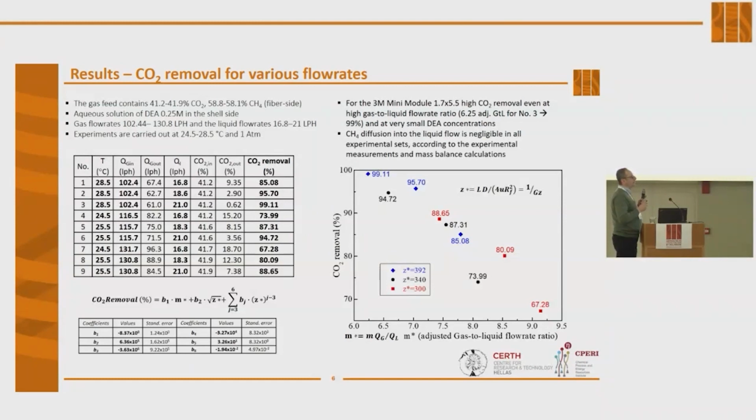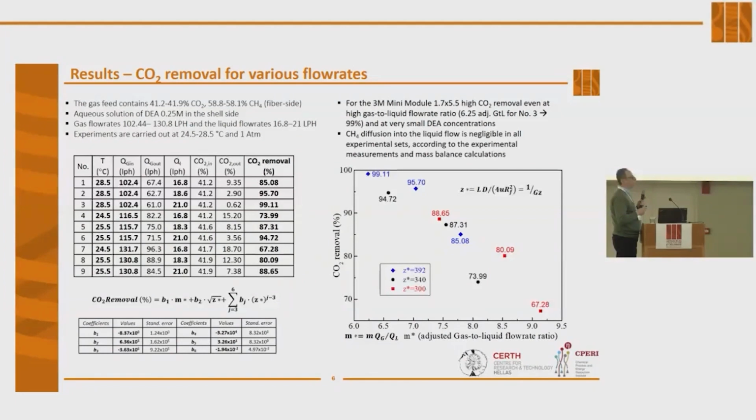And the second important thing is that based on the experimental measurements and the model mass balance calculations, there is negligible diffusion of methane into the liquid. So using this technology, we can have the highest possible recovery of methane, almost 100%, and highly concentrated methane because we have removed most or all carbon dioxide.